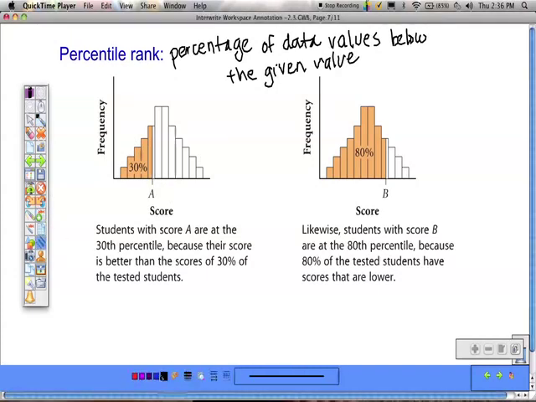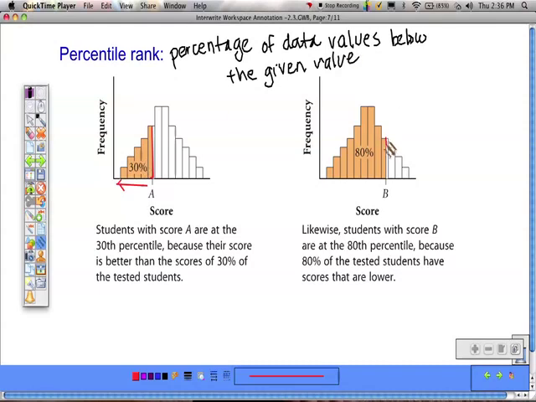Okay, so if you are student A at this particular line, you are at the 30th percentile because your score is better than 30% of the students. So to tell your percentile rank, you look at everyone below you. If there's 30% below you, you are at the 30th percentile.